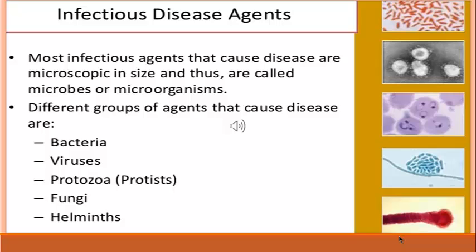Most of the organisms which cause contagious diseases are microscopic in size, meaning they are too small. That's why they are known as microorganisms. Micro means small. The different groups of these organisms are bacteria, viruses, protozoa, fungi and helminths.